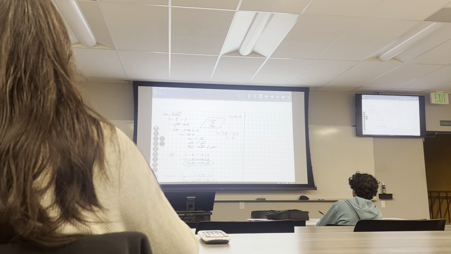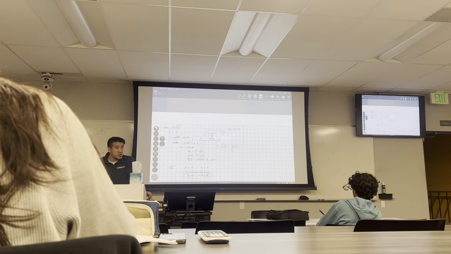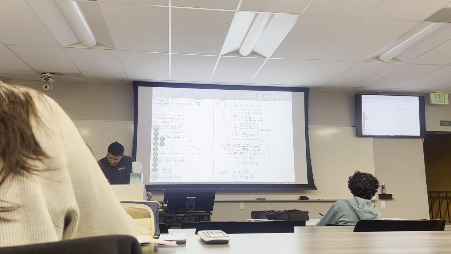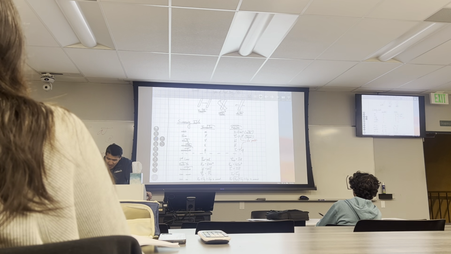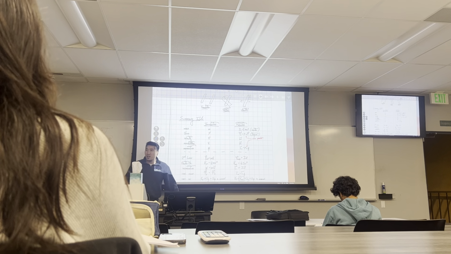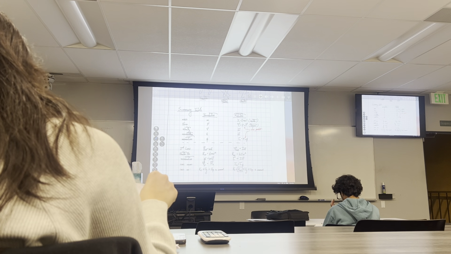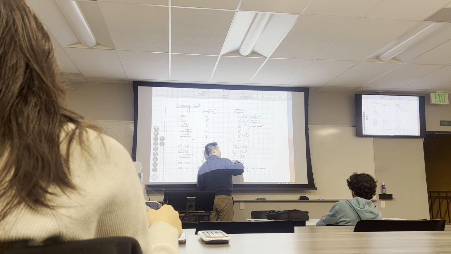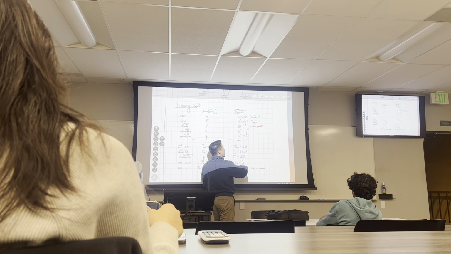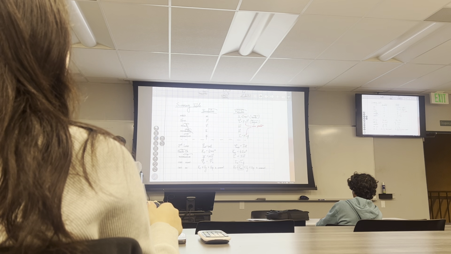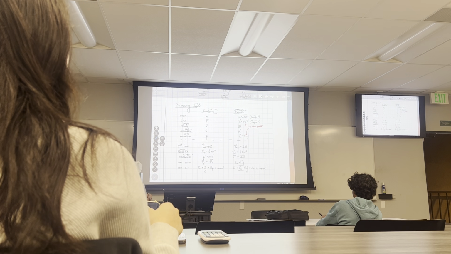So where we left off last time, we introduced the topic of rotation, and everything can be summarized in this table right here. But one of the things we needed to do beforehand was to go over this mathematical operation called the cross product, and that's where we got to.